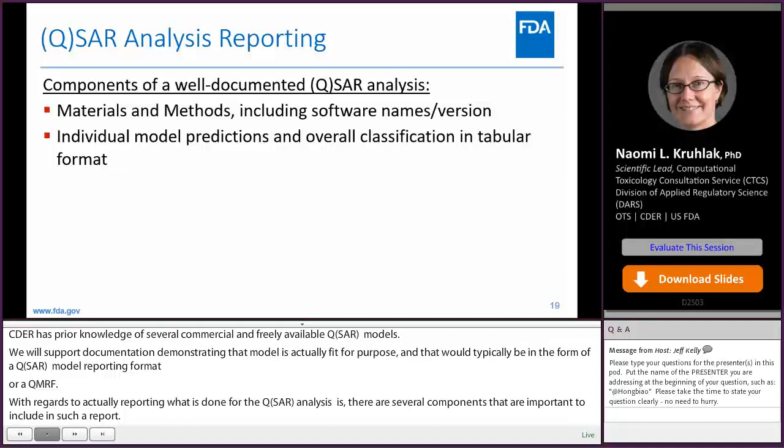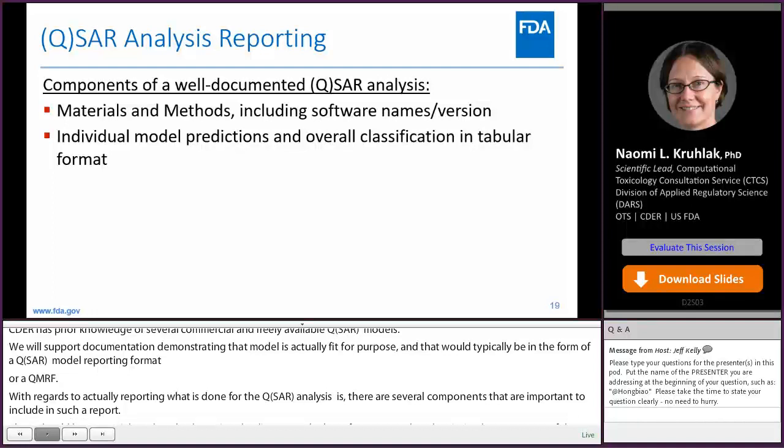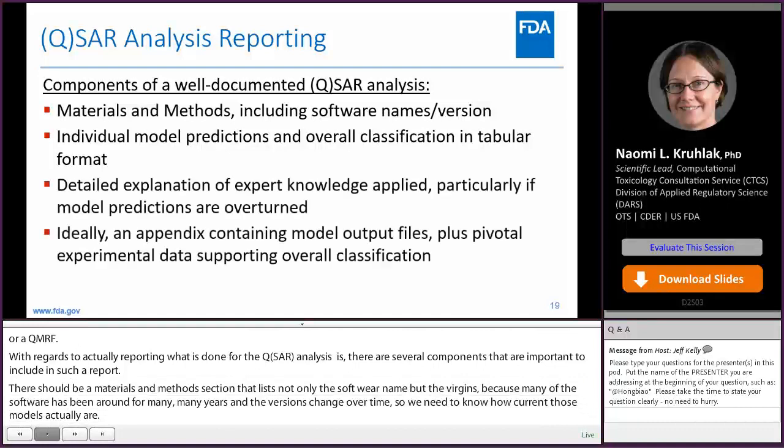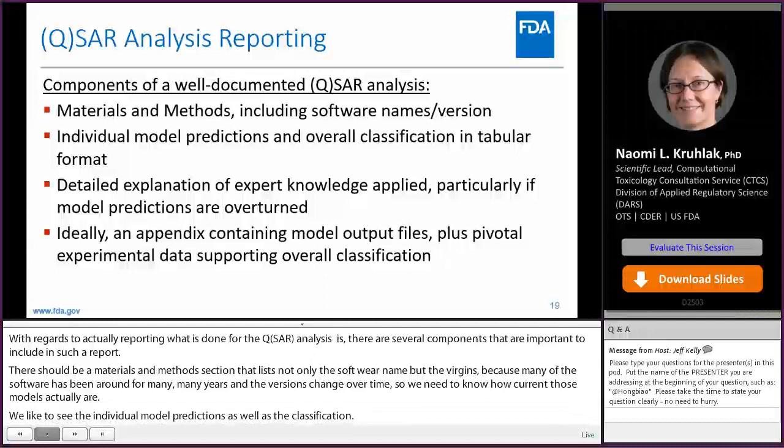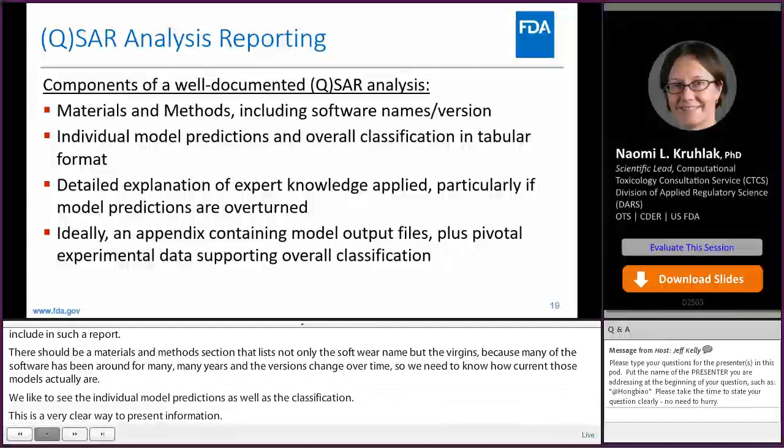We like to see the individual model predictions as well as the overall classification, ideally in tabular format, because this is a very clear way to present the information. There should be a detailed explanation of any expert knowledge that was applied to the predictions, particularly if it was used to overturn the predictions. And what that means is if a structural alert was identified by one of the models and the impurity was assigned to class 5, there needs to be some explanation as to what information was used to make that final class 5 decision.